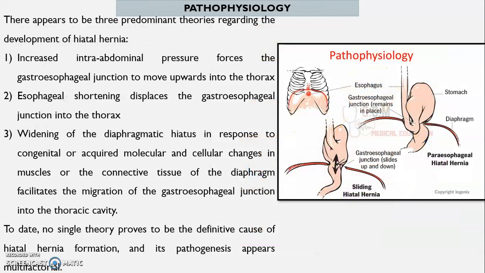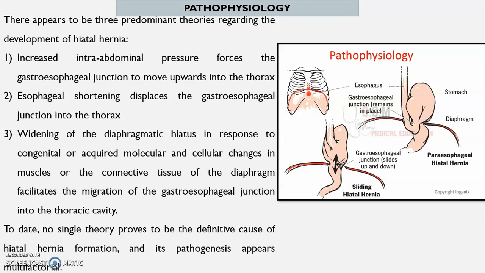Pathophysiology of hiatus hernia. There appear to be three predominant theories regarding the development of hiatal hernia. 1. Increased intra-abdominal pressure forces the gastroesophageal junction to move upwards into the thorax. 2. Esophageal shortening displaces the gastroesophageal junction into the thorax. 3.